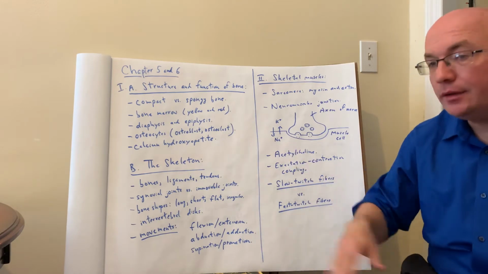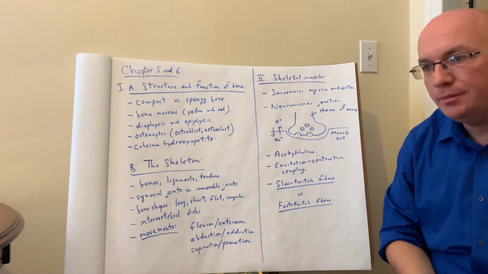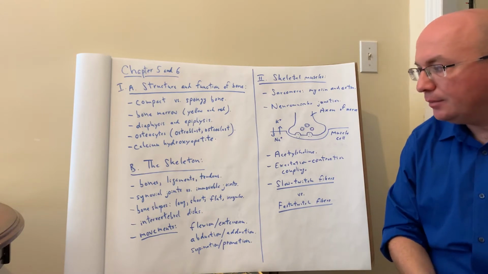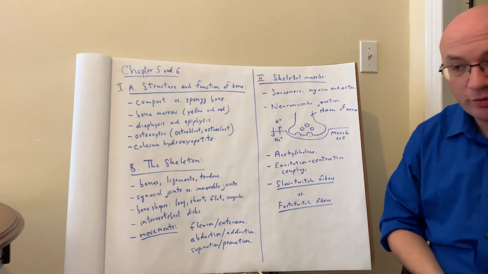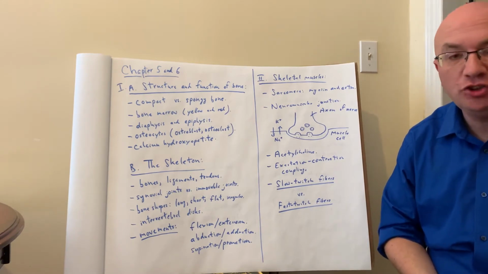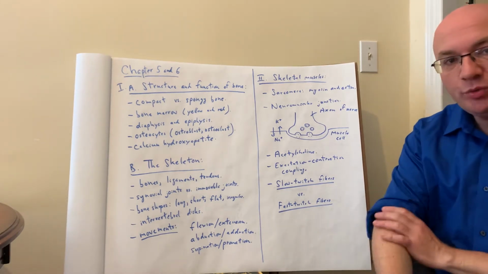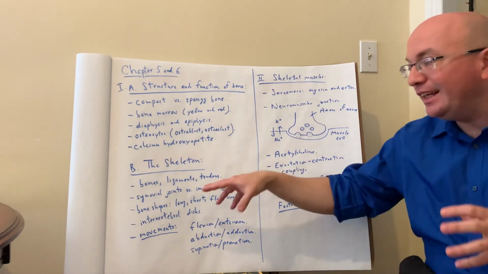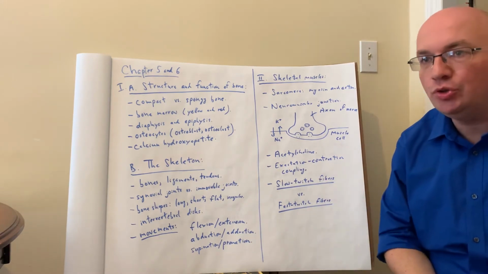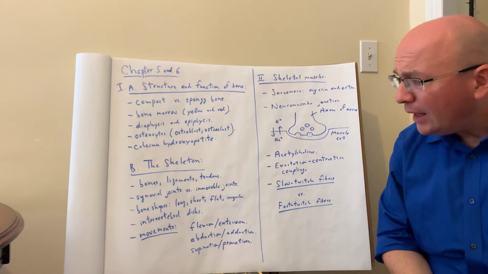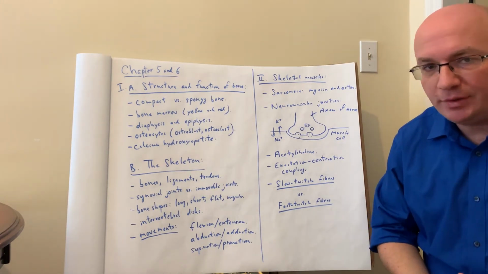Now, when we look at the skeleton, we already looked at the skeleton in the lab component, but basically, remember, the skeleton consists of over 200 bones in the body of different shapes, sizes, different appearances. In those areas where we have joints, we often have ligaments that connect bone to stabilize that joint, to make sure that it's able to do its job properly. And keeping in mind that in the natural body we have the skeletal muscles attached to the bones.